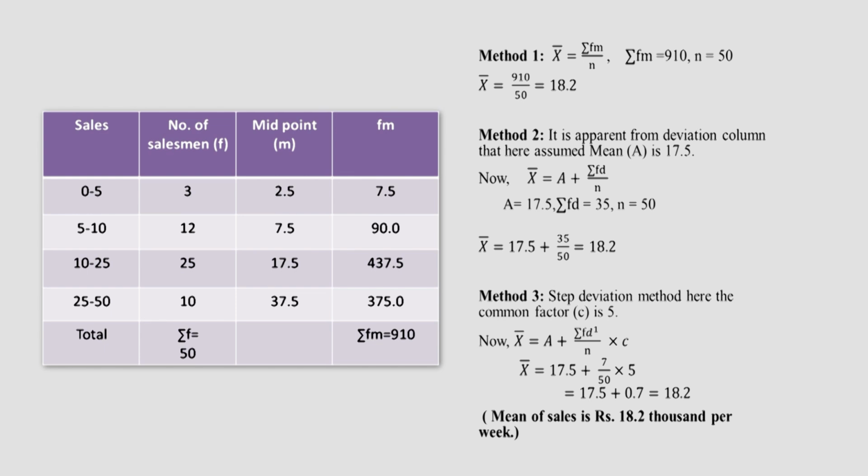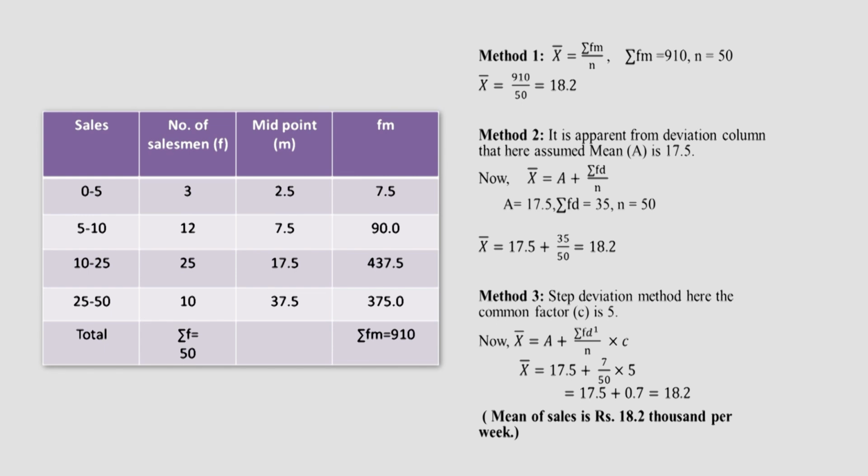Now we have to do the summation of Fm. If you add up all the numbers, which numbers? 7.5, 90.0, 437.5 and 375.0, you get a value of 910. So what do we do? Simple. Summation Fm, earlier you were writing x.